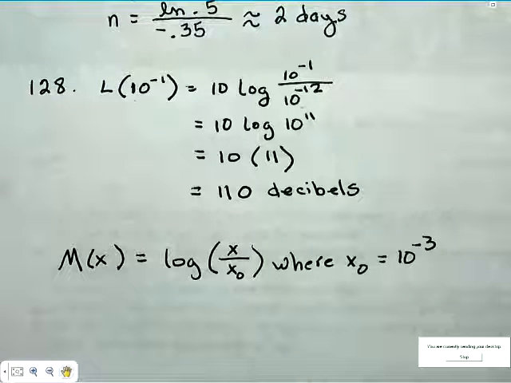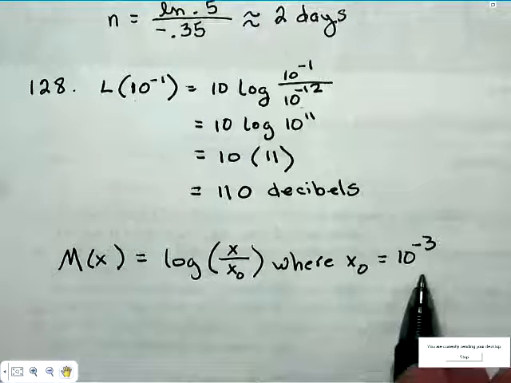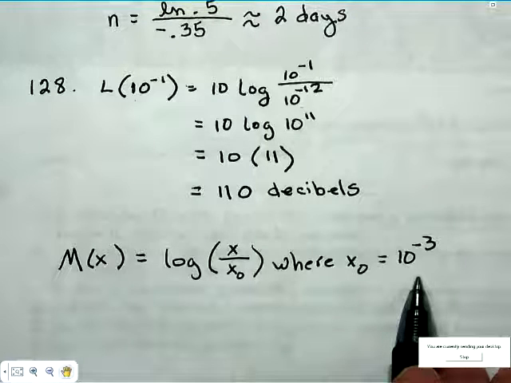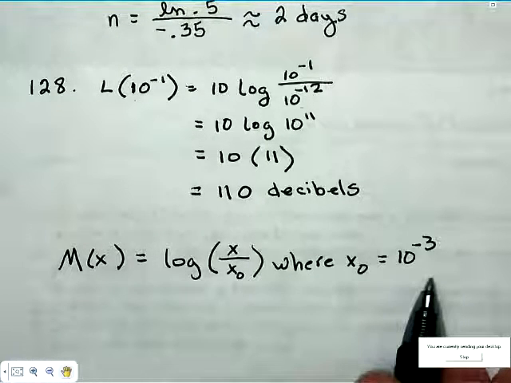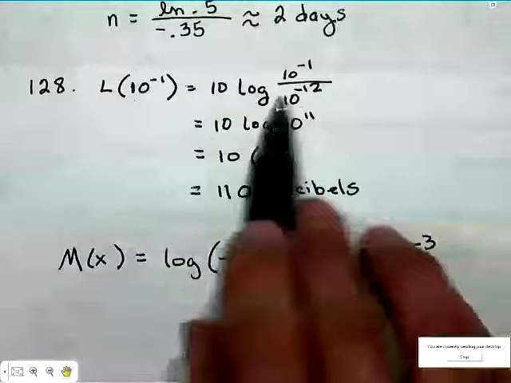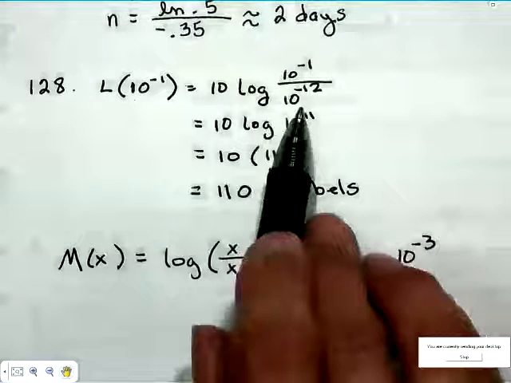If a seismologist set a seismograph down in your driveway on a day that there was no seismic activity, it would still read 10 to the -3, or very little undetectable seismic activity. That's just like the 10 to the -12 is the threshold of human hearing.